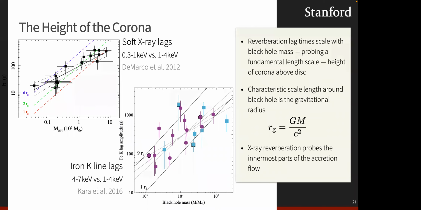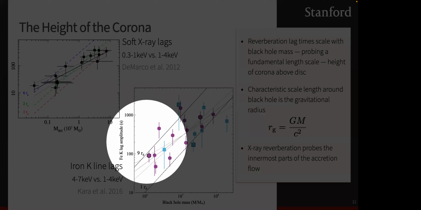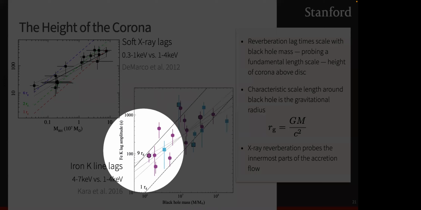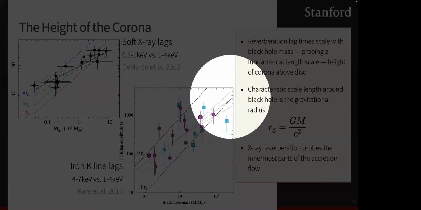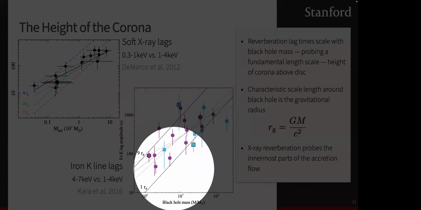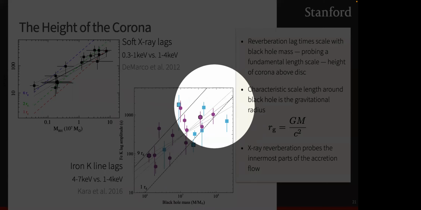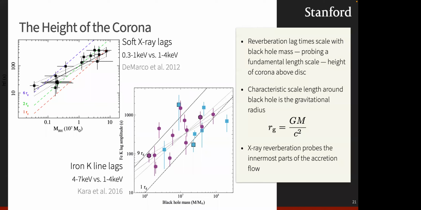So we can compare the time lags we measure to the light travel time over different numbers of Rg. We find that these light travel times correspond to really quite small distances around the black hole. This tells us our corona is often at a height above the accretion disk of somewhere between 1, 2 Rg and no more than 10 Rg above the black hole. So our coronae here really are quite compact.